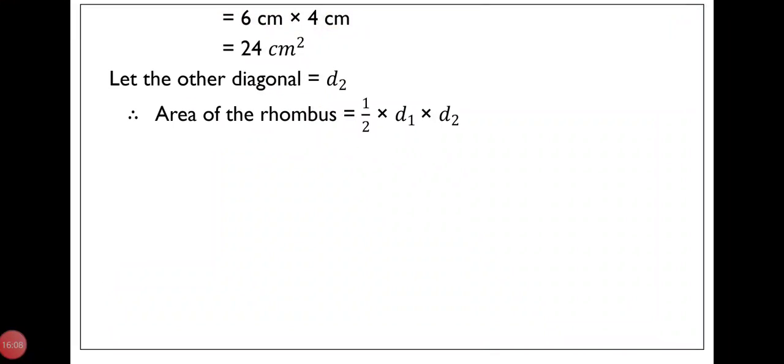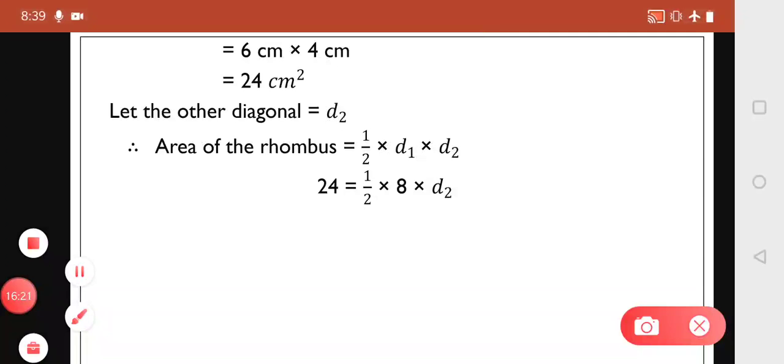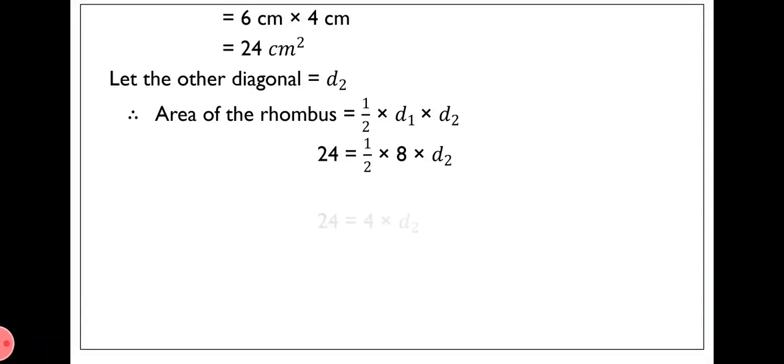So we will write 24 centimeter square equal to half into 8 into d2, because diagonal 1 is given as 8 centimeter. So we can cut here directly, 2 1s are 2 and 2 4s are 8, so we get 4, and then we will transpose 4 on opposite side. So we will get 24 equal to 4 into d2.